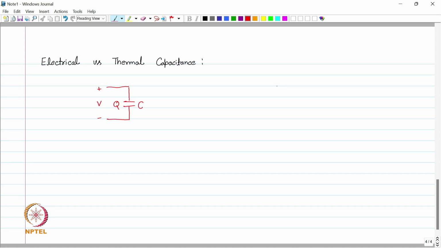Similarly, in thermal networks, we have C thermal, which is the thermal capacitance, and we apply a delta T across this element, and there will be PdT stored within this thermal capacitance.